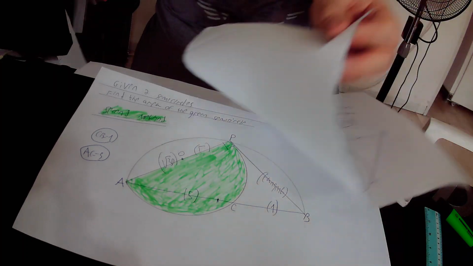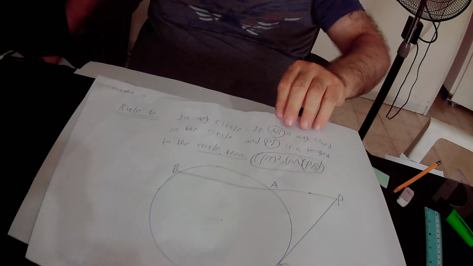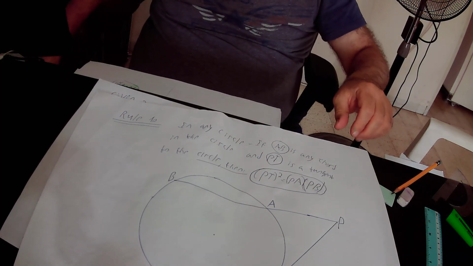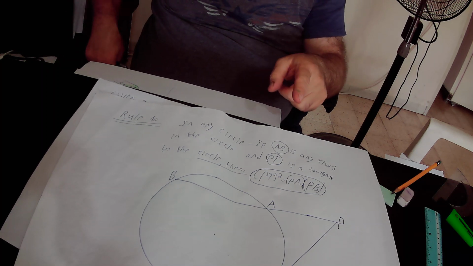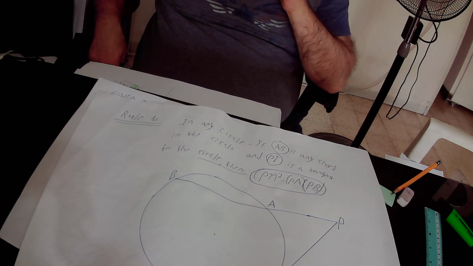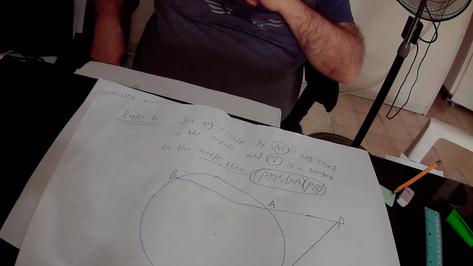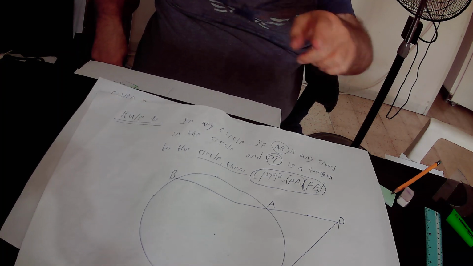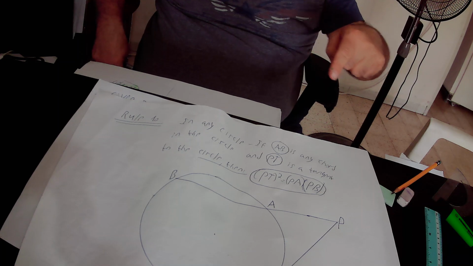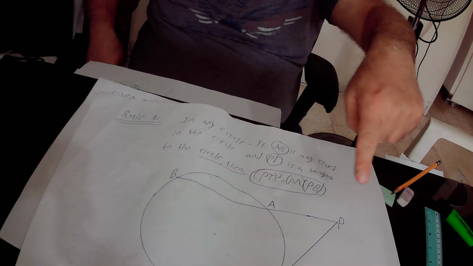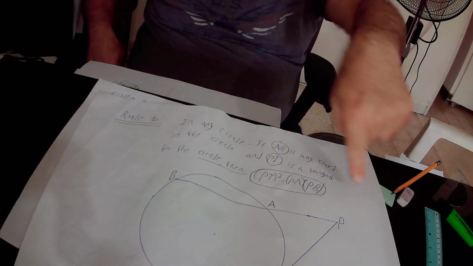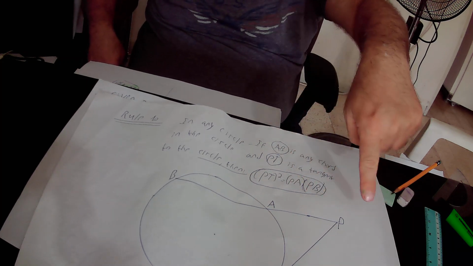According to rule 10, in any circle, if AB is any chord in the circle and PT is a tangent to the circle, then the following equation will be true. That PT square equals PA times PB. Again, PT square equals PA times PB.